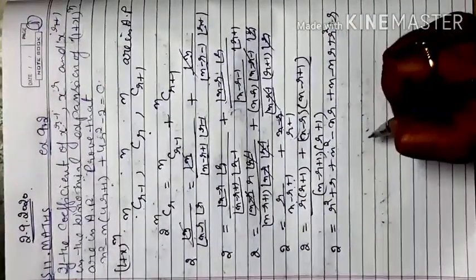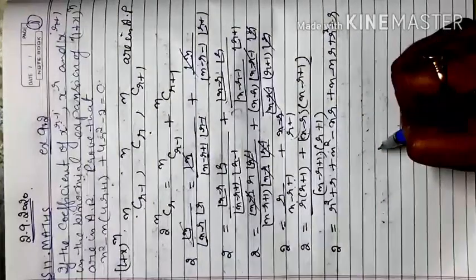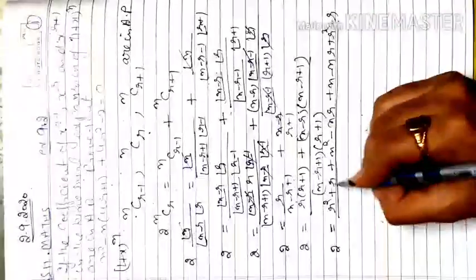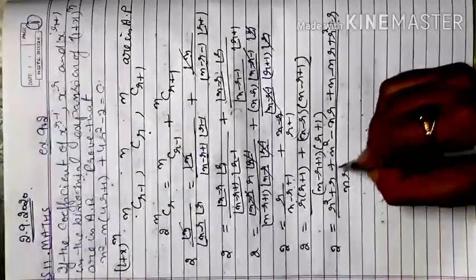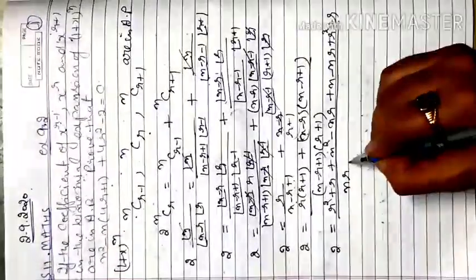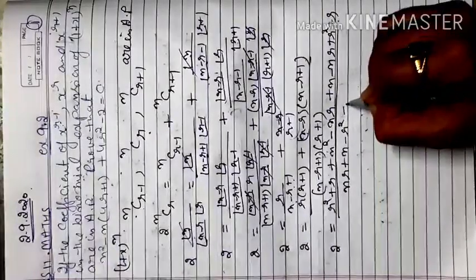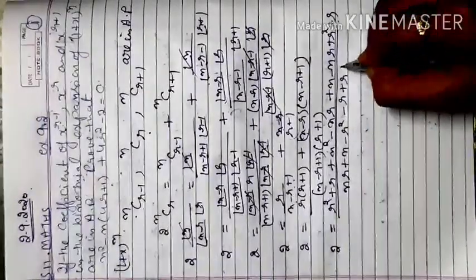First n will be multiplied by all these terms and then minus r will be multiplied by all these terms, and the denominator also when you multiply, that becomes nr. First n will be multiplied by this nr plus n minus r square, then minus r plus 1.